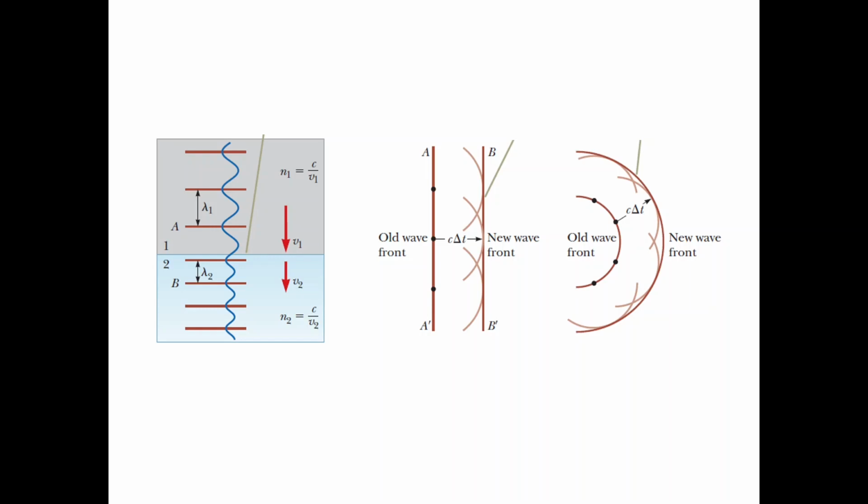At any interval of time delta t, we define how far the secondary spherical wave will travel from the original point, and the tangent to the line drawn along these secondary spherical waves gives us the position of the wavefront after time interval delta t. So that is the basic understanding of this principle.